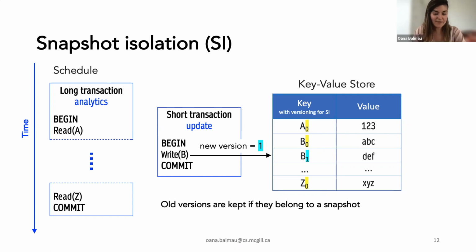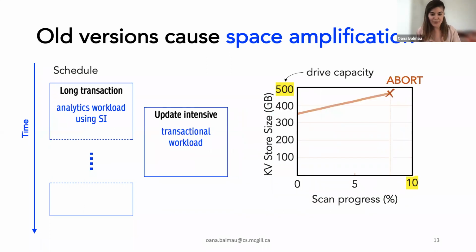Now, this seems okay. However, if we imagine lots of these short transactions, or they don't even have to be transactions, they can just be simple updates, running alongside one of these long analytics transactions in a write-intensive workload, we can soon get into trouble.